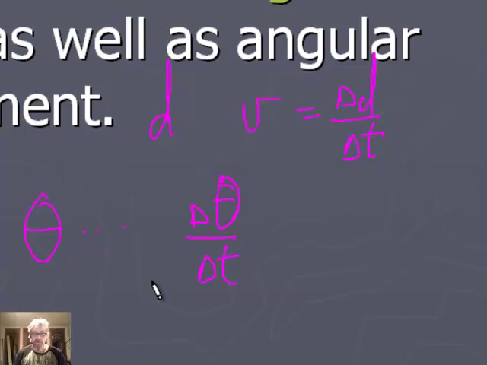Angular velocity is described by this Greek letter omega. So there's a definition for us that's really an analog of the translational motion. V is delta d over delta t. Omega is delta theta over delta t. It's the rate of change of angular displacement.